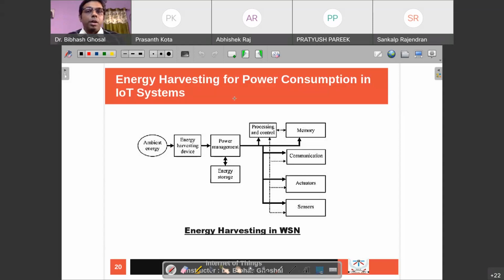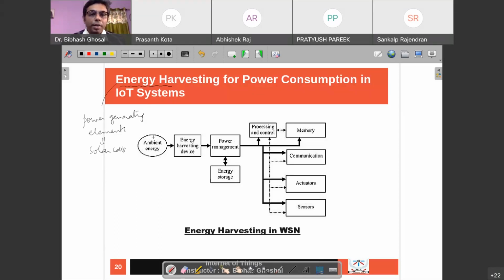So one of the research areas is energy harvesting, where you have some power generating elements that are able to generate power, like solar cells or piezoelectric elements, as you see here.